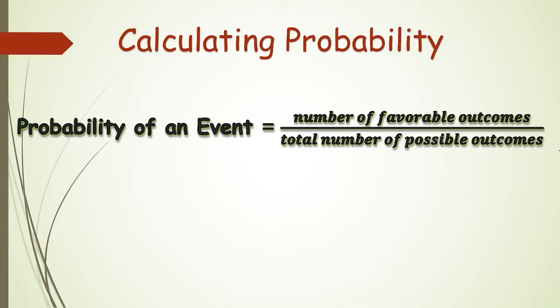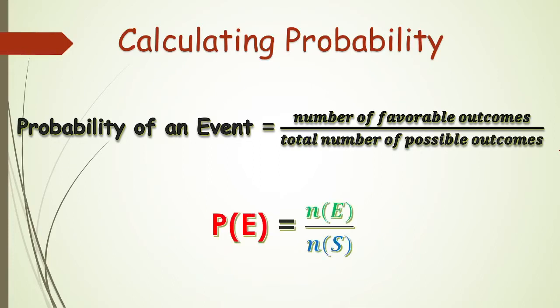Later on, you will know what favorable outcomes means and what do you mean by the number of possible outcomes. In symbols, we will be writing it this manner. Okay? And you read this as the probability of an event is simply equal to the number of favorable outcomes divided by the total number of possible outcomes.